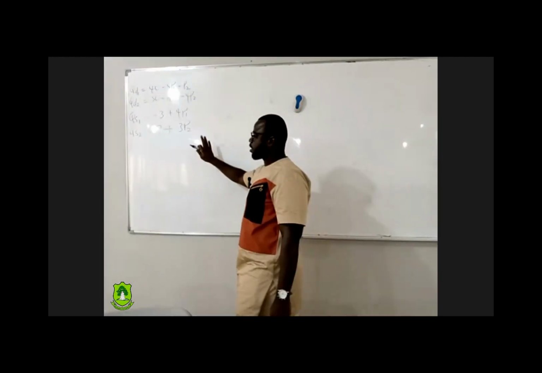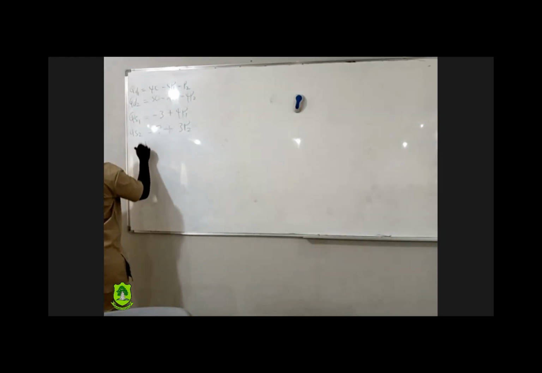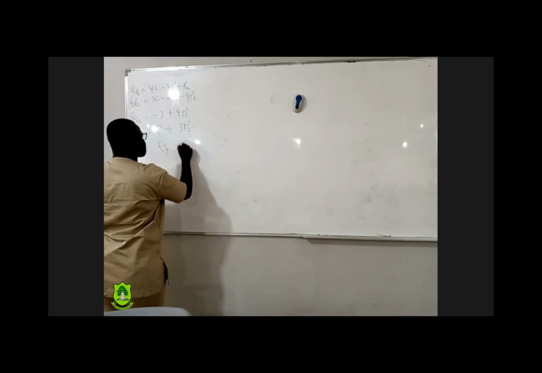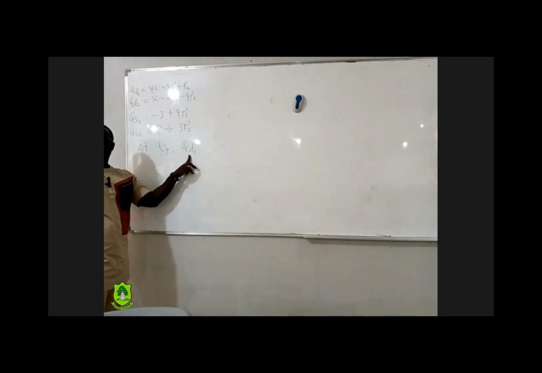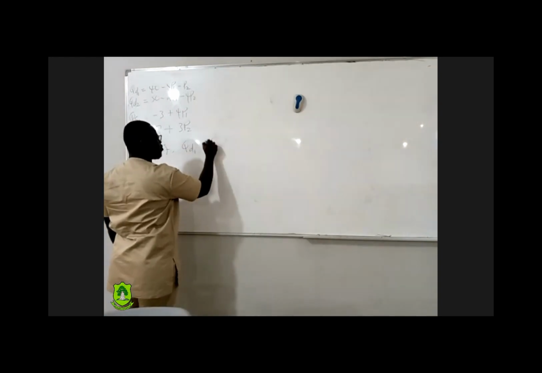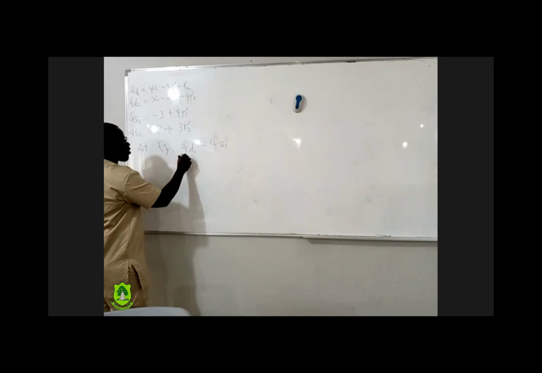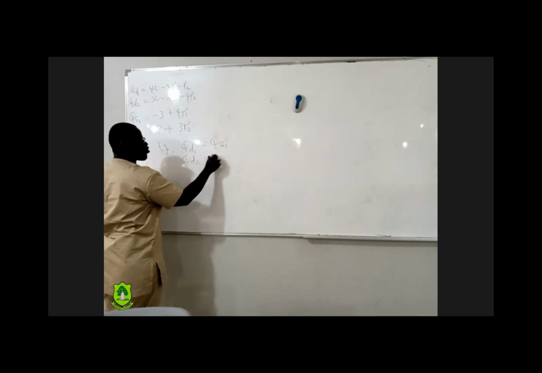So in this particular case, we know for sure that at equilibrium, quantity demanded for good 1 should be equal to quantity supplied for good 1, and quantity demanded for good 2 is equal to quantity supplied for good 2.